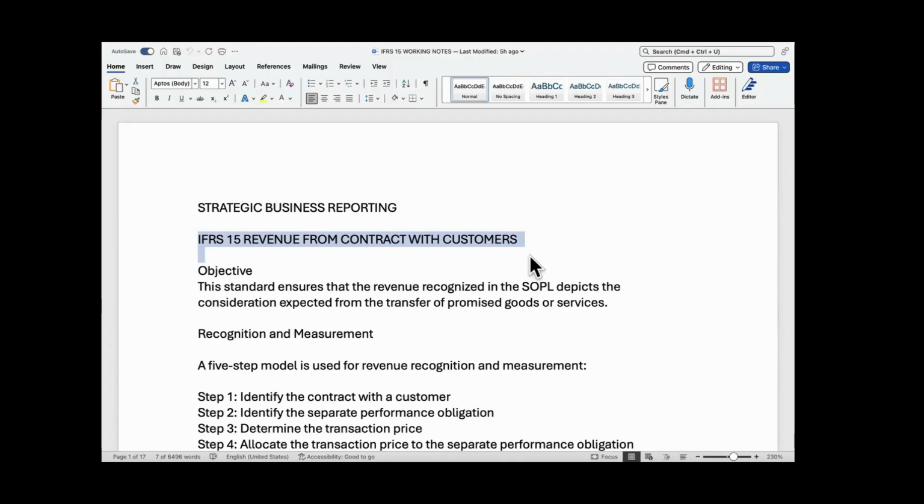Now, IFRS 15, the first thing we started with was the objective. And the objective is very clear: the amount that you recognize in your books as revenue must be a representation of the money you are expecting for goods or services delivered.